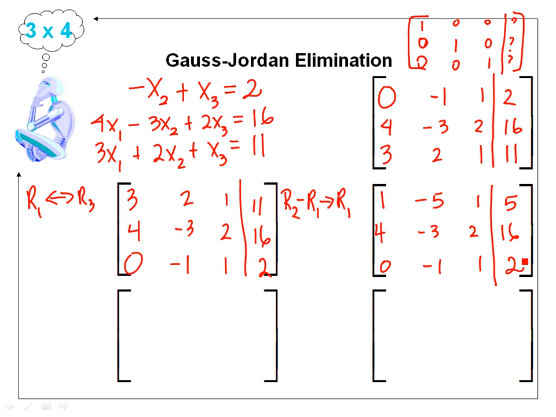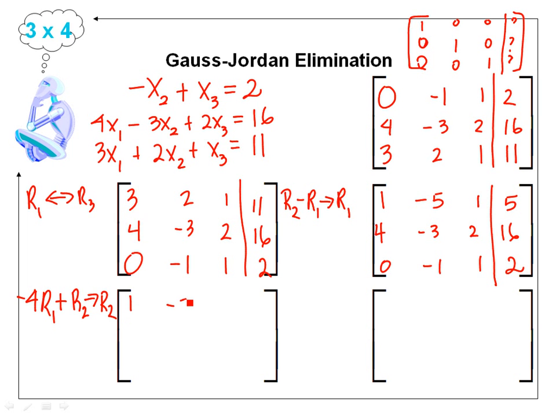Okay, our next goal should be to make this 4 a 0, because we want 1, 0, 0. So in order to use the other equation, we must multiply row 1 by -4 and add it to row 2 to get row 2.